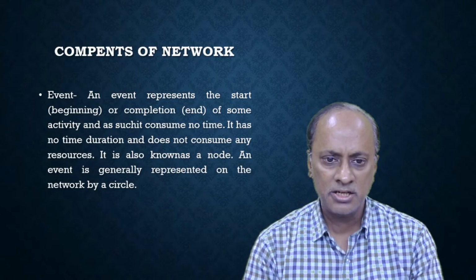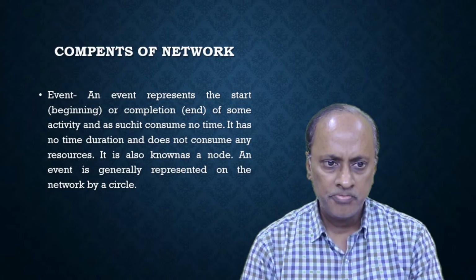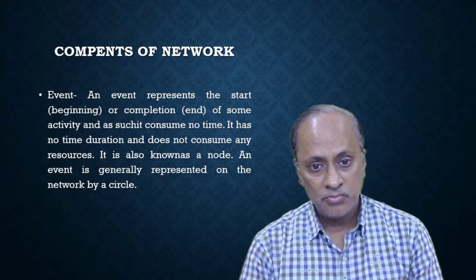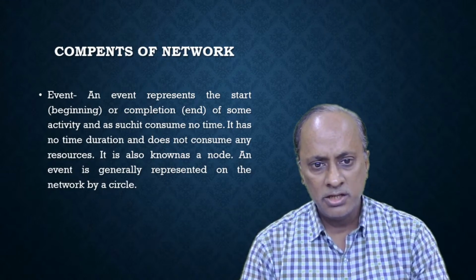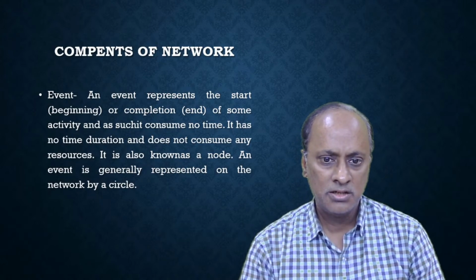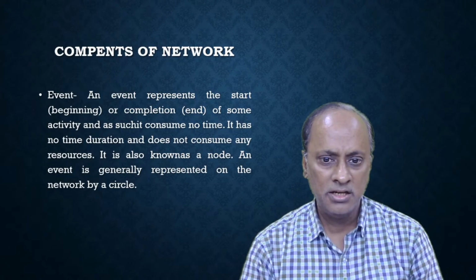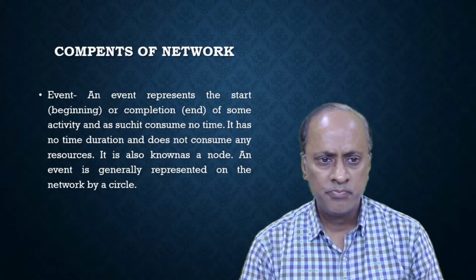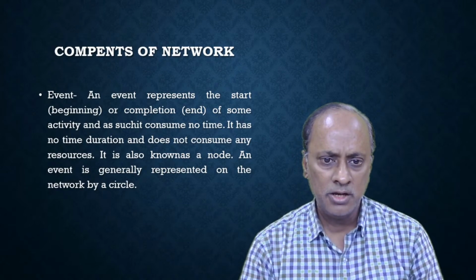So when an activity starts, there is a circle, and where the activity ends, there is also a circle. It is known as a node. An event is generally represented in the network diagram by a circle. So an event does not consume any time.